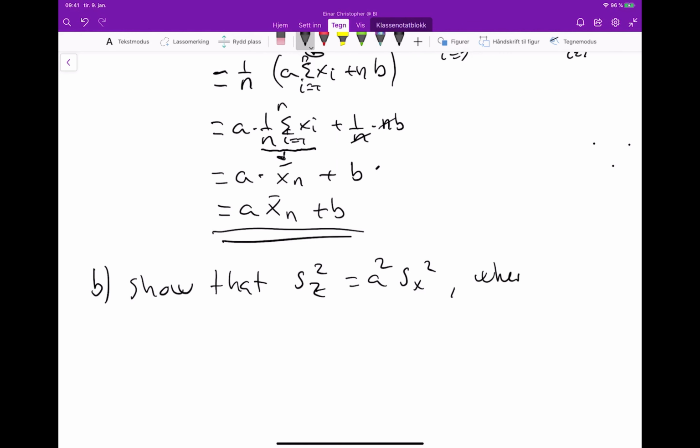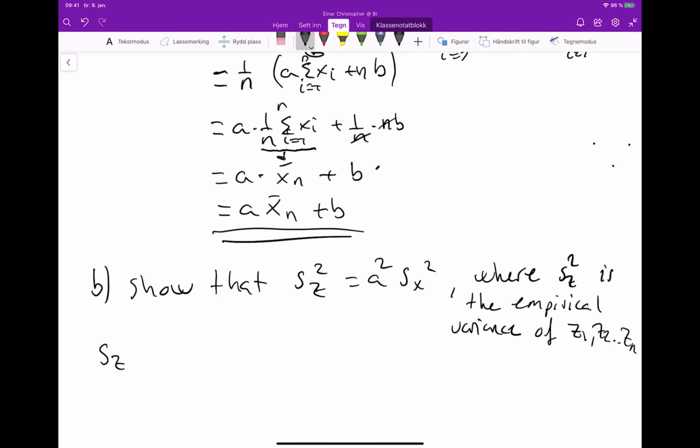Where Sz in the power of 2 is the empirical variance of z1, z2, and so on until zn. So let's start.